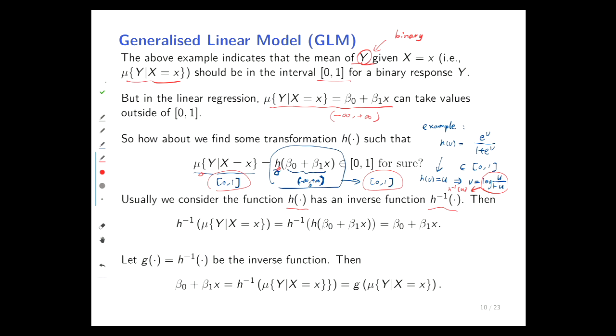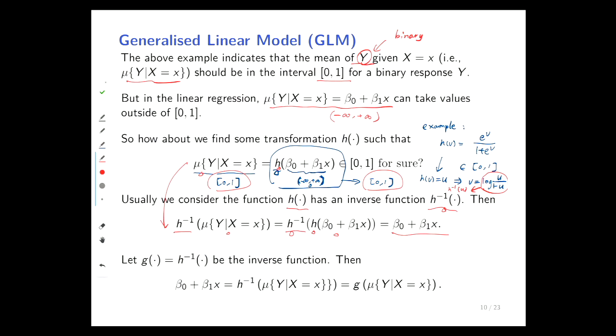If we have the inverse function, then we can consider the inverse of both sides of this equation. Consider h inverse of the left side and h inverse of the right side. Because we have h inverse and h, they are eliminated. So we are going to have beta 0 plus beta 1 x, which is something we feel familiar with in the multiple linear regression model.